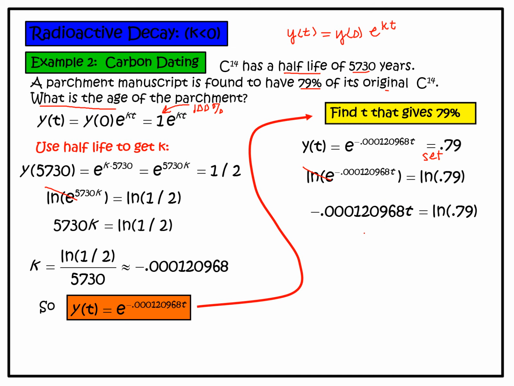Divide off our constant in front on both sides. So t is log 0.79 over negative 0.000120968. And that is approximately 1,948.6 years. So that would put it about 70 AD approximately.